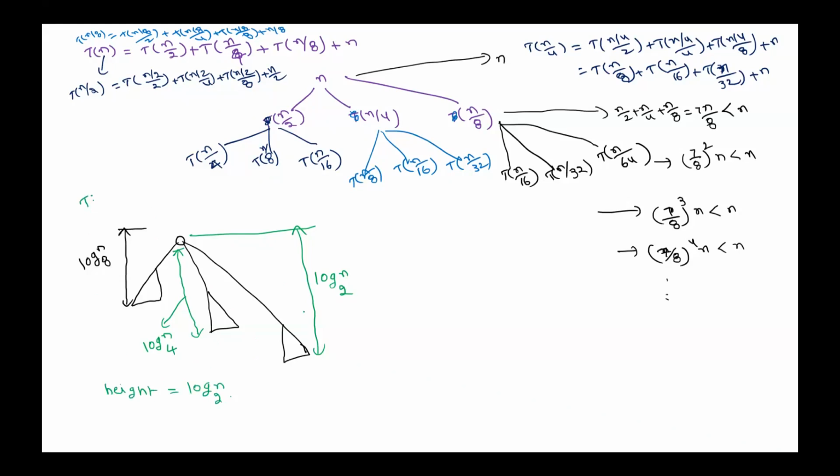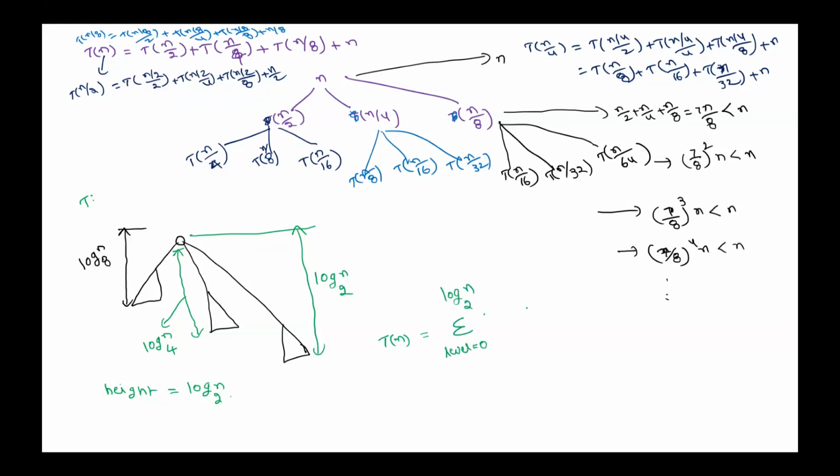Now, what is the total amount of work done here? T of n can be written as sigma level 0 to log n base 2.